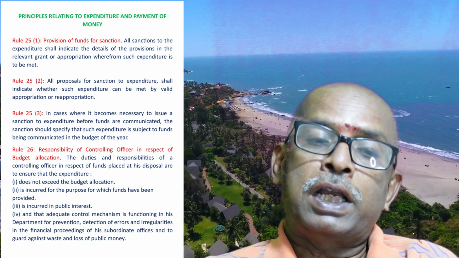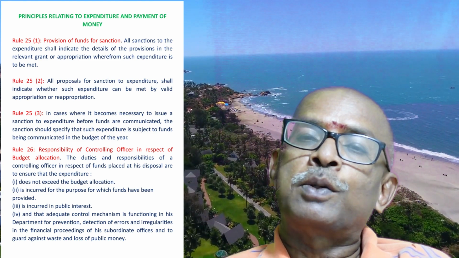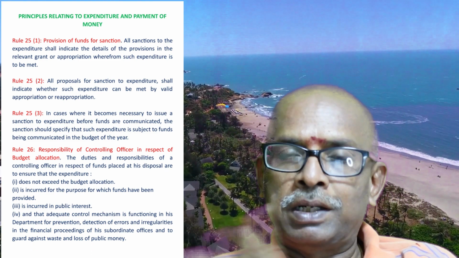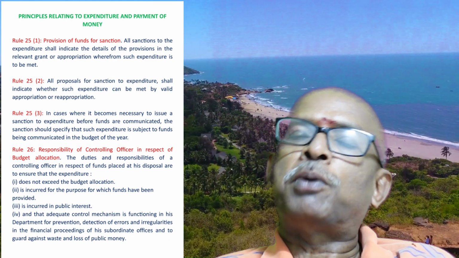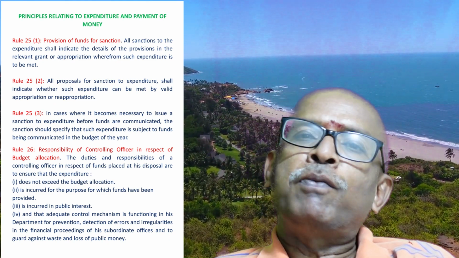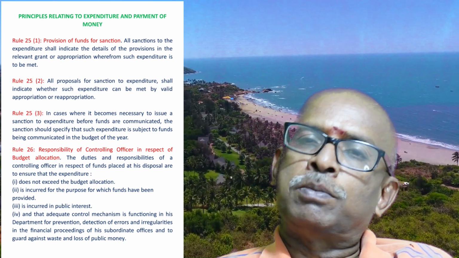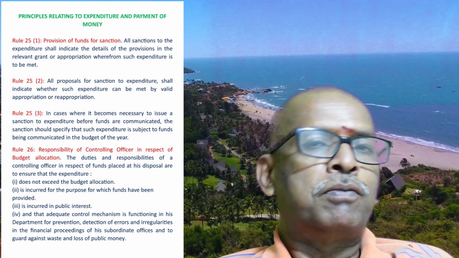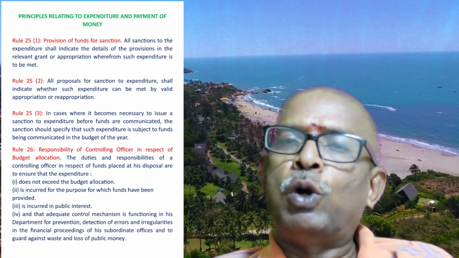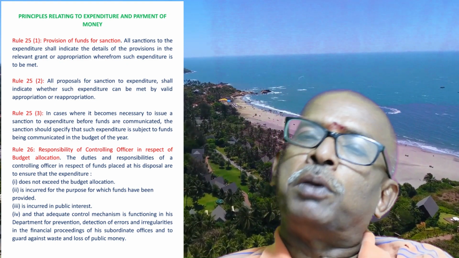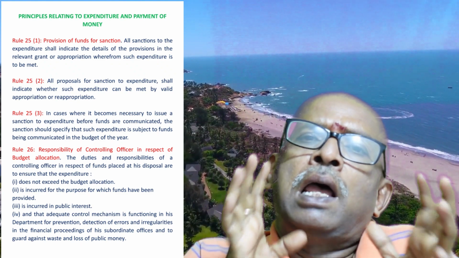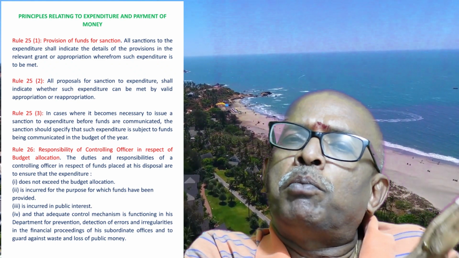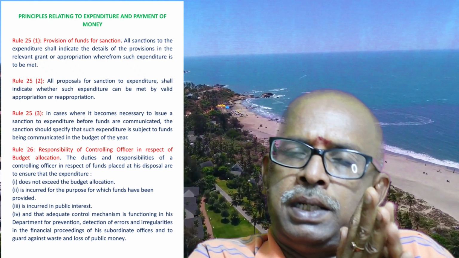And every expenditure is in public interest. The question arises, in fact, in some other video I have told, what is public interest? Government functions for the people. It is by the people, of the people, and for the people. So any department, whatever it does, the ultimate goal is for the betterment of the people of the country.